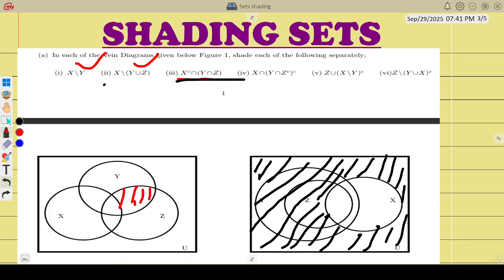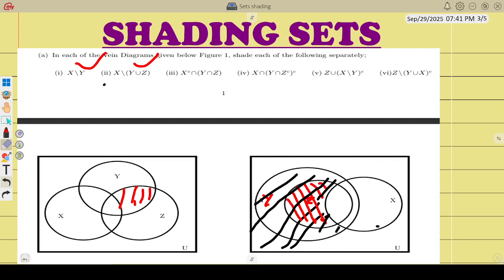And then let us shade y intersection z. So this is y, this is z. So the intersection where y and z are meeting, it is in here. This is the intersection where y and z are meeting. So for you now to know the final answer, you just shade where you have two different colors.